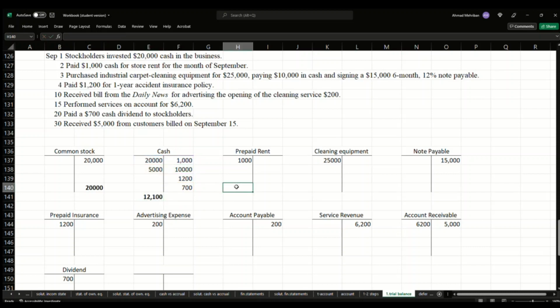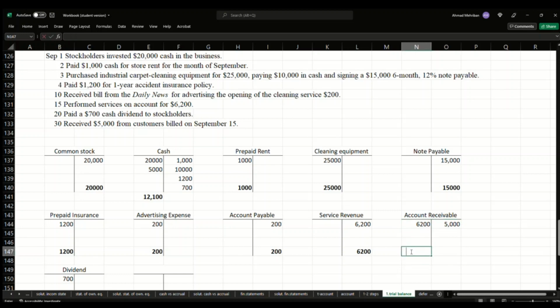Continuing, we have 1,000 for prepaid rent, 25,000 of cleaning equipment, 15,000 in balance for note payable, 12,100 for cash, 1,200 for prepaid insurance, 200 for advertising expenses, 200 accounts payable, 6,200 for service revenue. Accounts receivable, on the other hand, is reduced because we were owed 6,200, but then our customer paid 5,000.